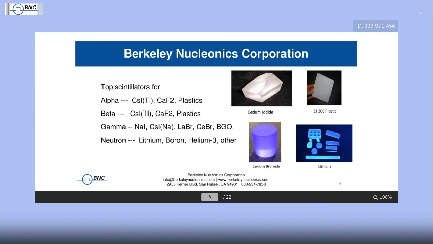Lithium is one material; boron, various varieties of boron. Helium-3, though technically not a scintillator, we do want to mention it here because it is available. It is something that we do offer, and it has been very effective for a very long time.